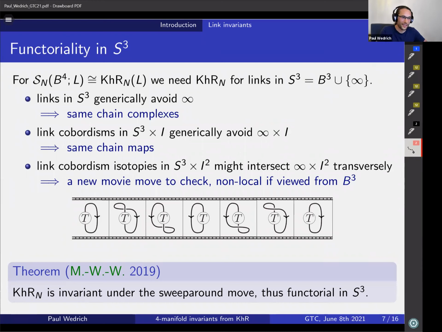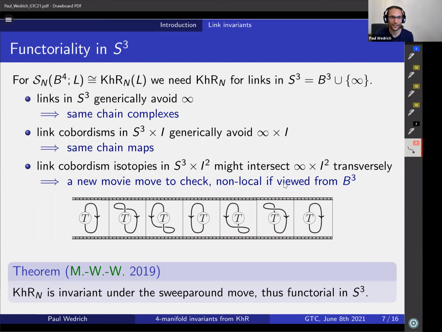Now, can I ask, Paul, just to make sure I'm following? The movie you just drew happens entirely in B3, but the isotopy from this move to the trivial movie is what requires the 3-sphere? Exactly, yeah.